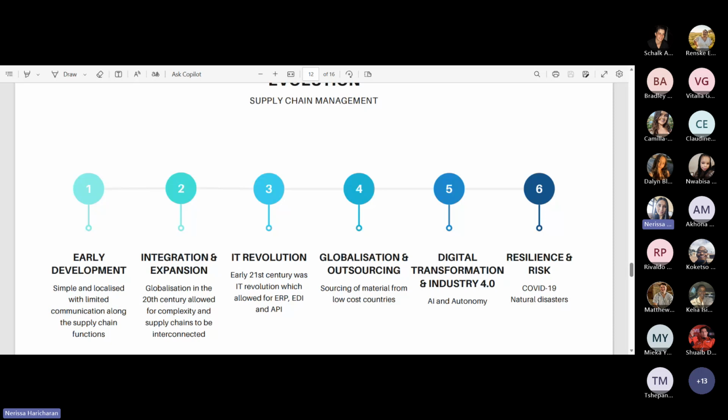Then we went into the 21st century, which is where information technology revolutionized things. So when tech came into play, supply chains then became ERP systems, EDI systems, so electronic data interchange systems, APS systems, advanced planning systems.